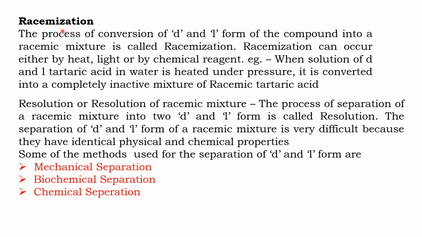Racemization is the process by which a dextro or levorotatory optical isomer is converted to a racemic mixture. We know racemic mixtures are equimolar amounts of dextro and levorotatory isomers, which do not have any optical activity.